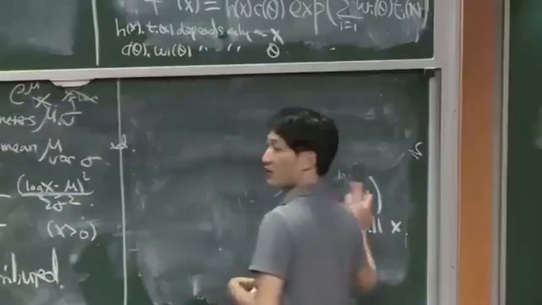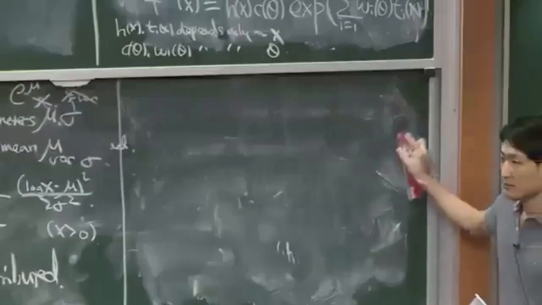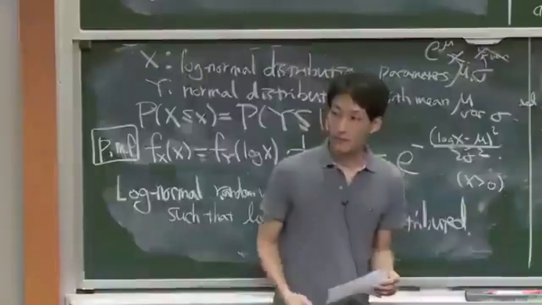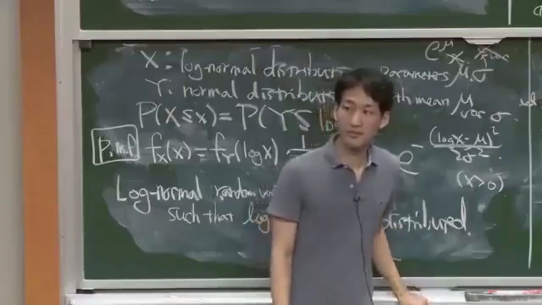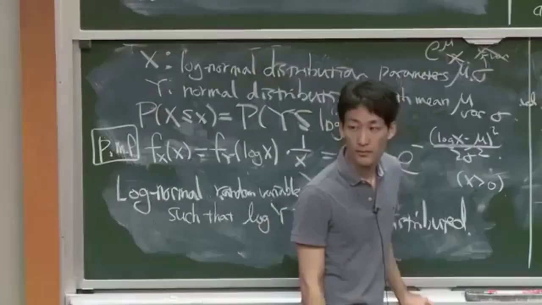Let me just comment. Yeah, sure. The notion of independent random variables: you went over how the probability density function of a collection of random variables, if they're mutually independent, is the product of the probability densities of the individual variables.